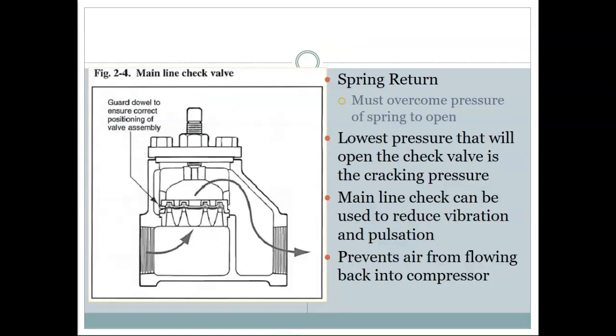A lot of valves have what are called spring returns. Now, why? Because springs mechanically work very well for this particular application. Springs have a certain amount of pressure that they put against your valve. So you have to overcome the pressure of the spring to open it.